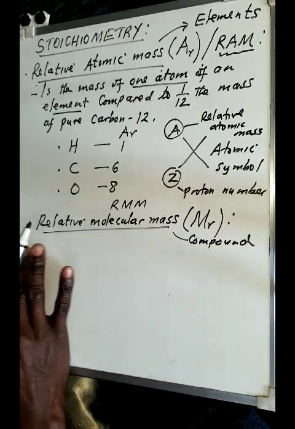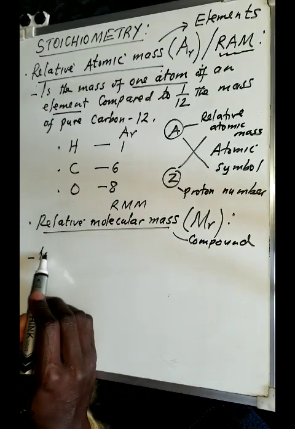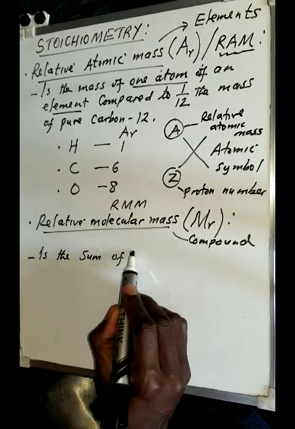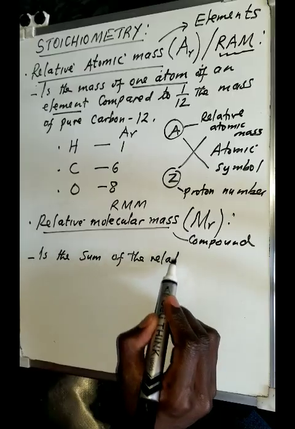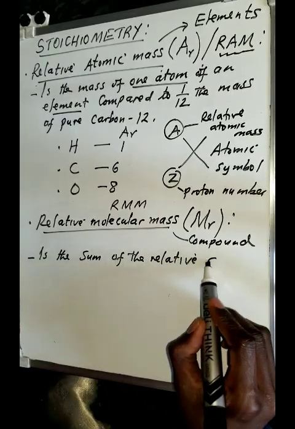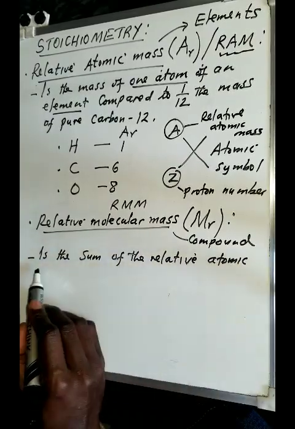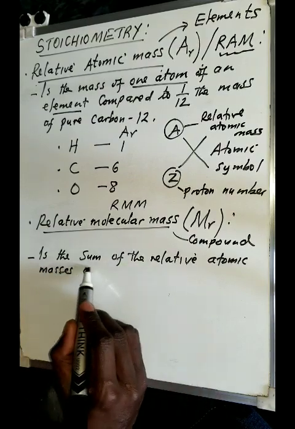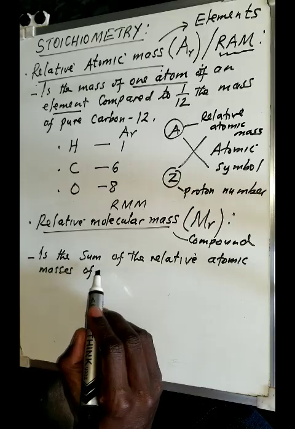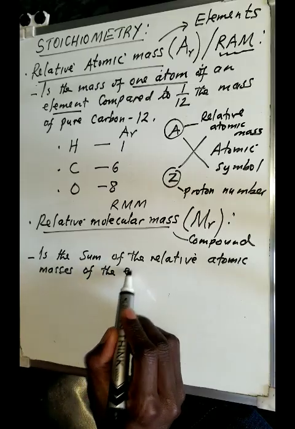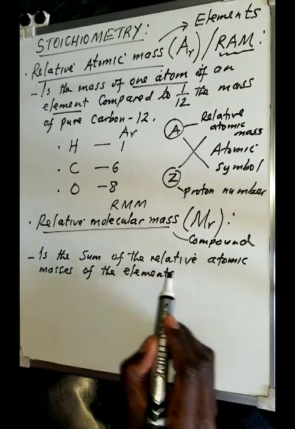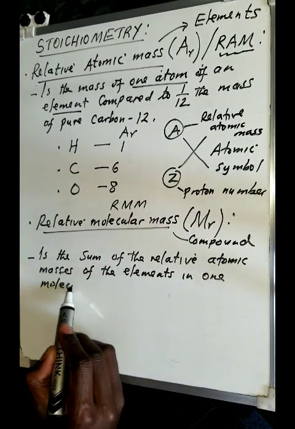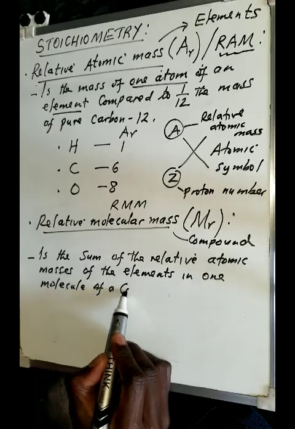So the relative molecular mass is simply the sum of the relative atomic masses of the elements in one molecule of a compound.